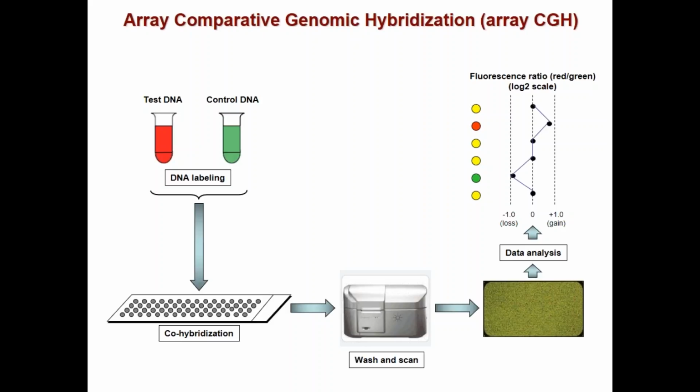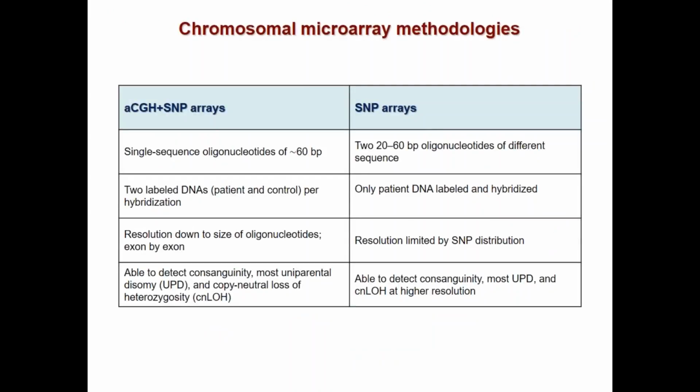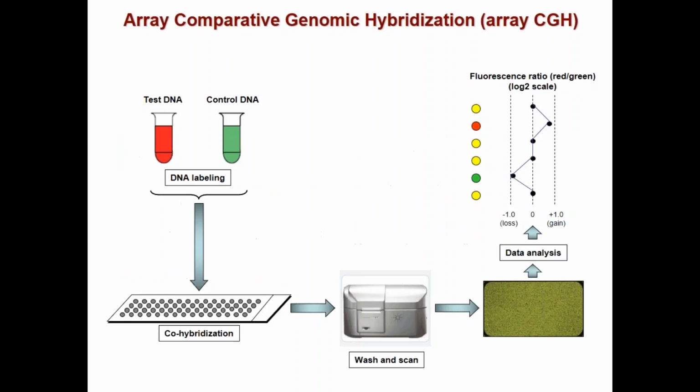The exact opposite for deletions. If you have a heterozygous deletion, the ratio will be 1 to 2. When it's hybridized, there will be more of the control dye within the borders of that deletion, and therefore the curve will shift towards the left side, to approximately -1 on a log2 scale.